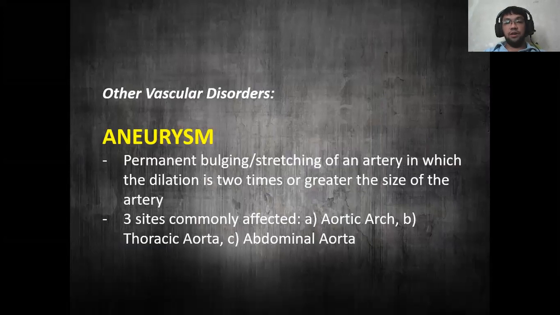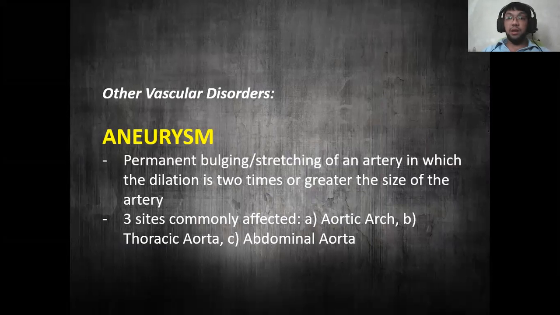Okay, other vascular disorders. We have aneurysm. Aneurysm is the permanent bulging or stretching of an artery in which the dilation is 2 times or greater than the size of the artery. So when we say aneurysm, there's bulging of an artery. If it bulges, it indicates that the artery is already weak.